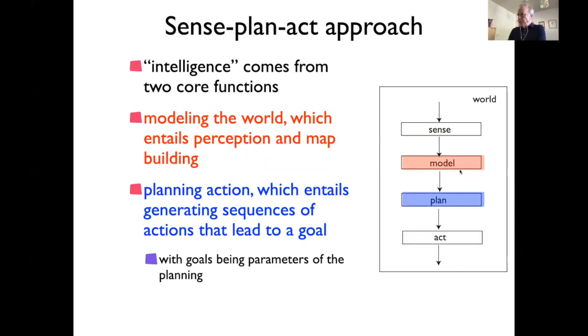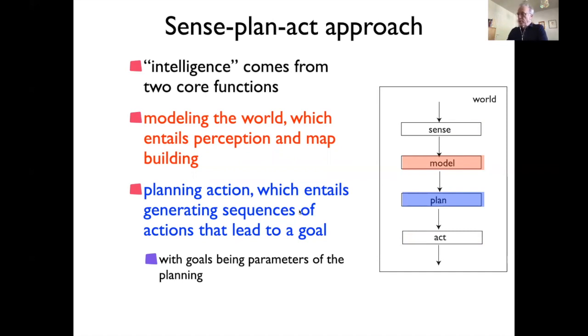So the model, which would sometimes be called the world model, essentially entails perception, that is extracting from sense information about the world and then building maps of the world in that way. And based on these maps, planning actions that would entail, for instance, a whole sequence of different individual actions that would lead to a goal.